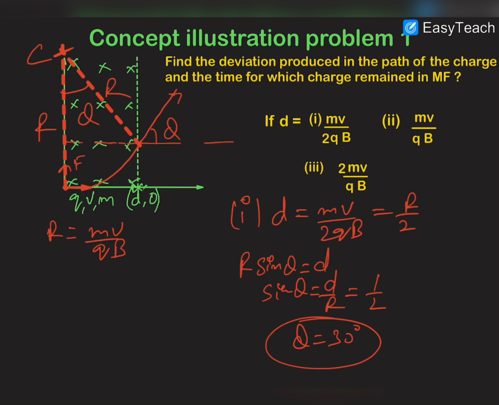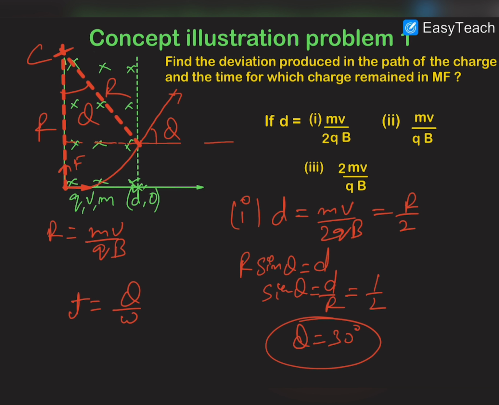So this particle would be deviated by 30 degree, and the time for which it remained in magnetic field can be calculated by theta by omega. We know that theta is equal to omega t.